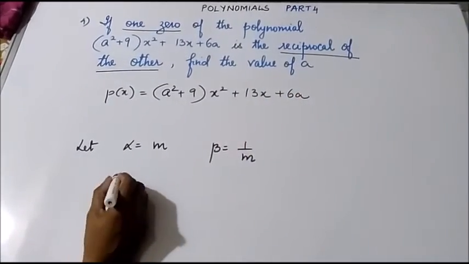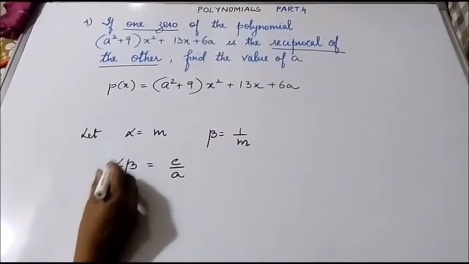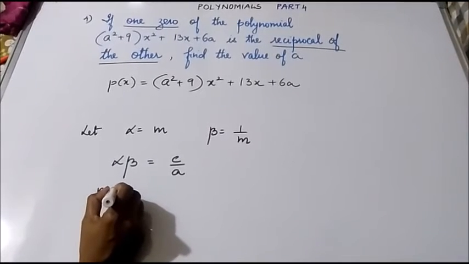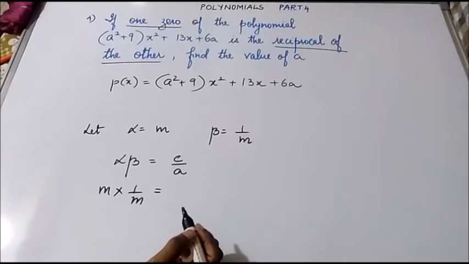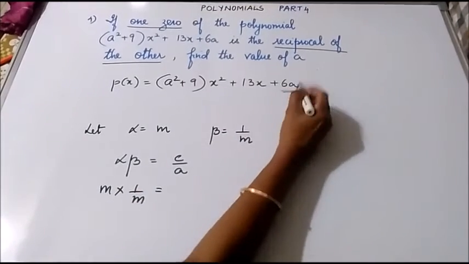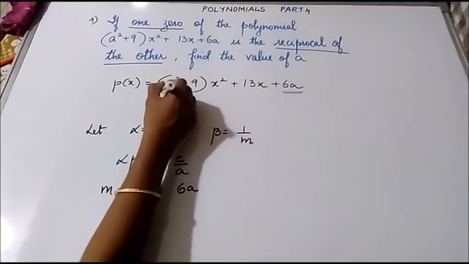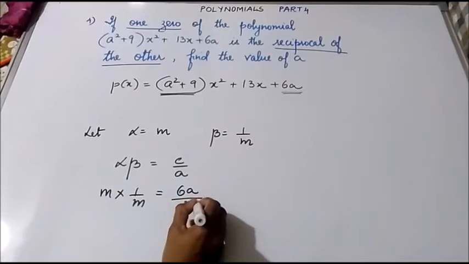Here we will take alpha into beta. Alpha into beta we know is c by a. Alpha we have taken as m and beta we will take as 1 by m. What is c? c is the constant term. What is the constant term here? 6a. And a is the coefficient of x square, that is a square plus 9.